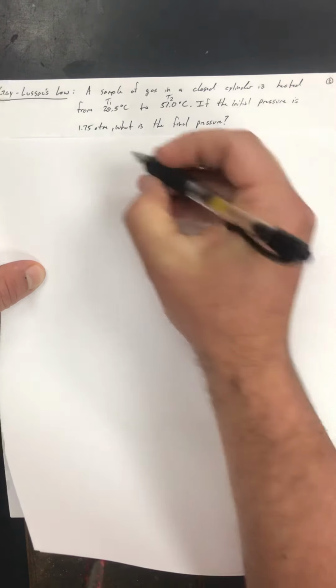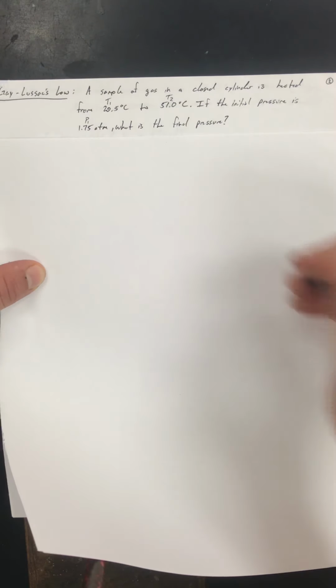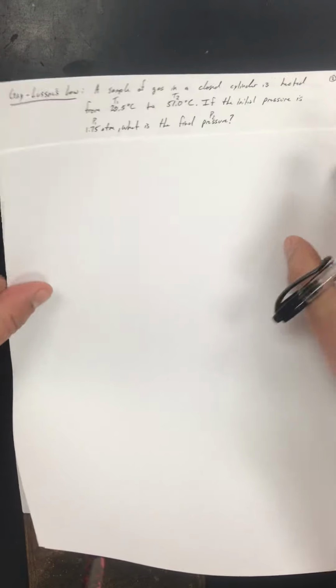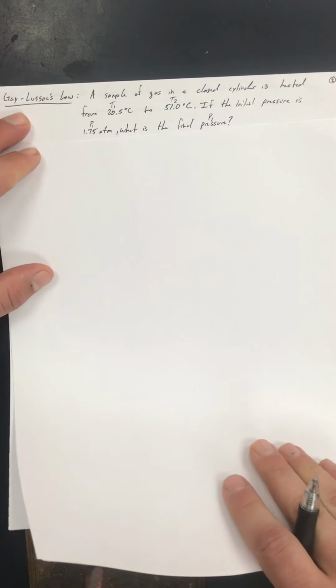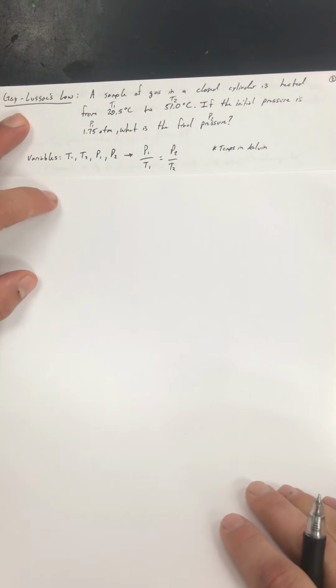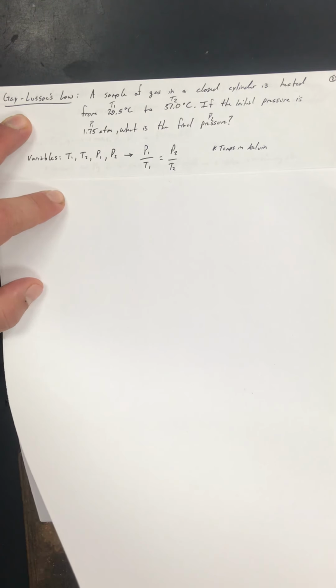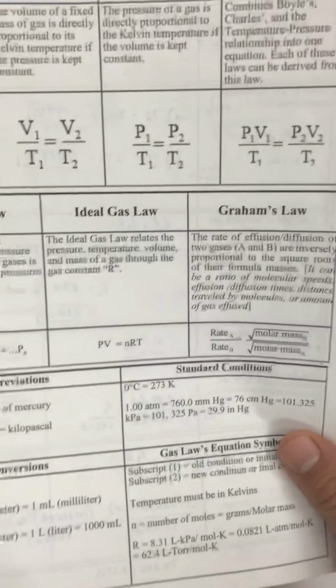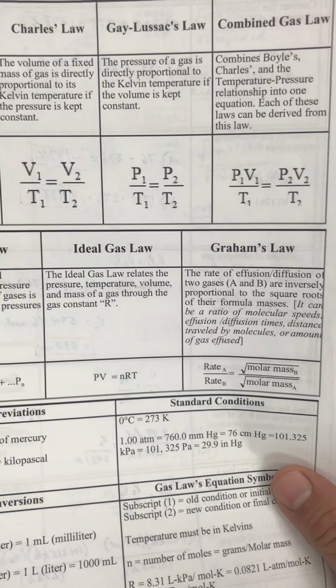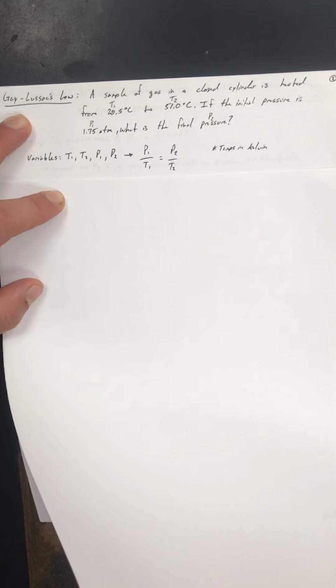If the initial pressure, there's a pressure, is 1.75 atmospheres, what is the final pressure? Second pressure. So as we are reading through this and keeping track of the variables, we have 2 temperatures, 2 pressures, and that would tell us that we are dealing with Gay-Lussac's law, P1 over T1 equals P2 over T2.